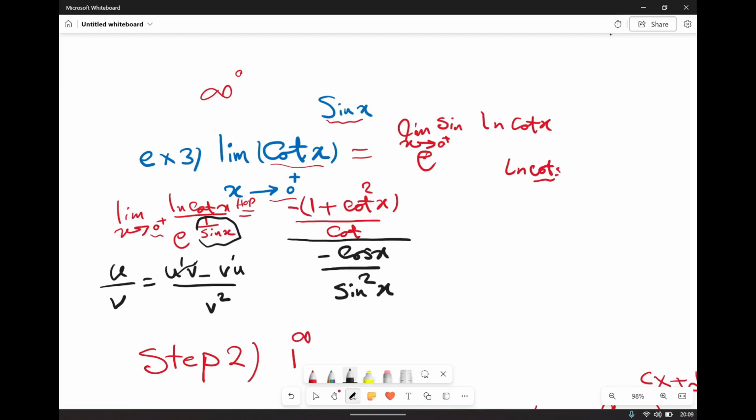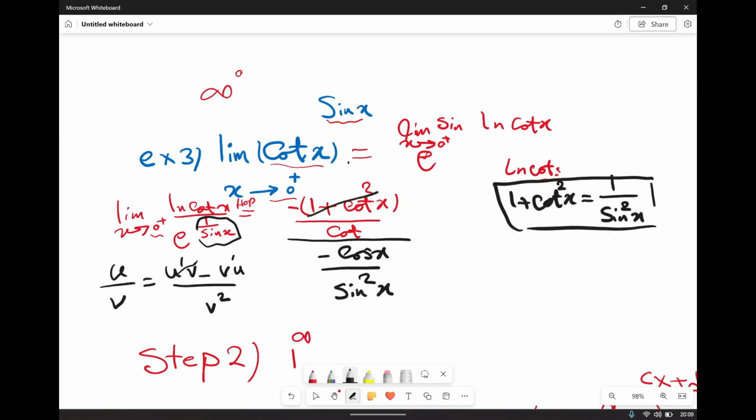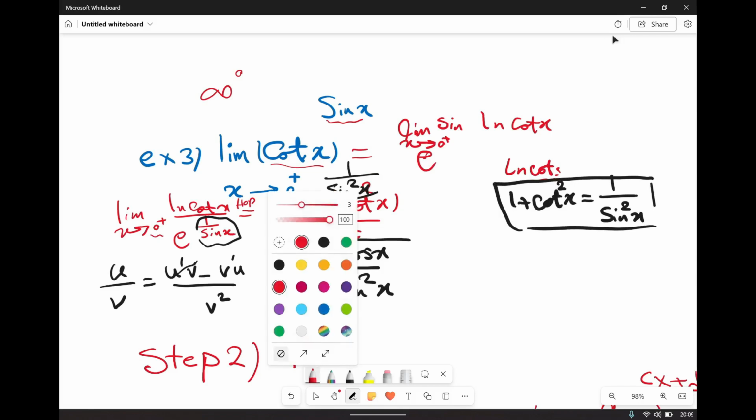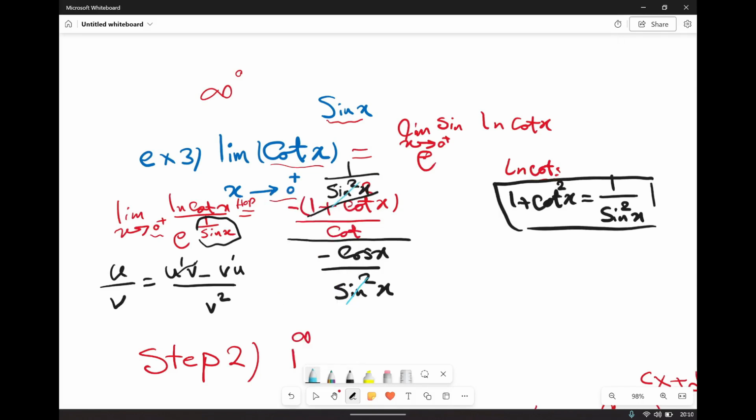We know one important identity in trigonometry, 1 plus cotangent power 2x is 1 divided by sine power 2x. Do you remember? Therefore I can use 1 divided by sine 2x and they can cancel each other, this one with this one, and our answer is e.